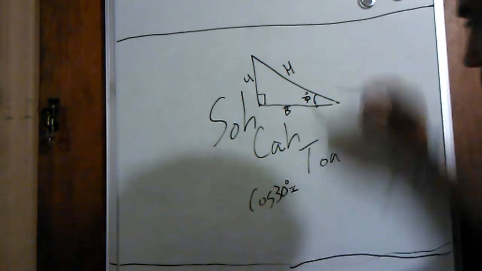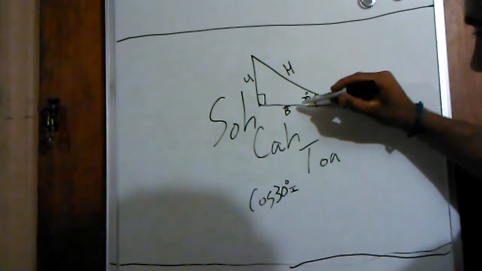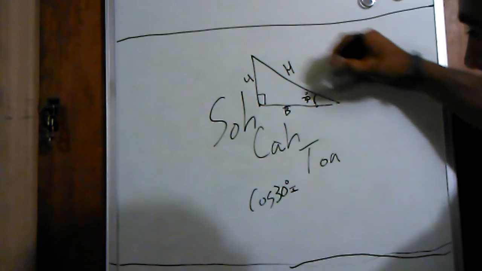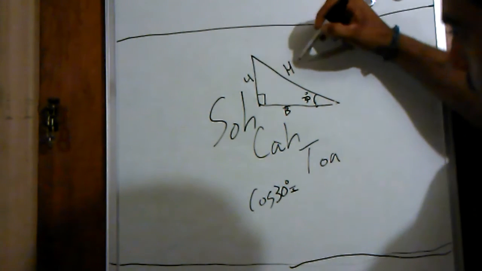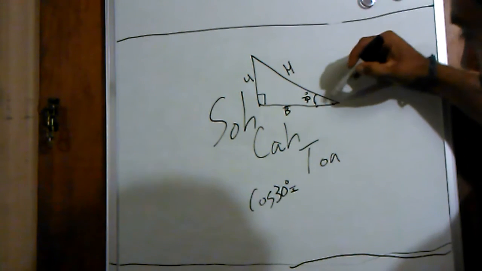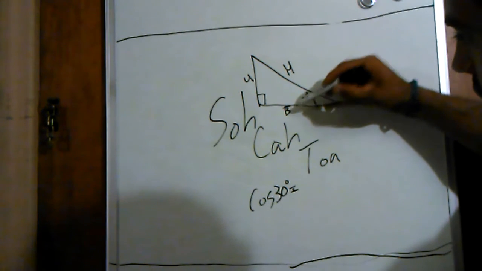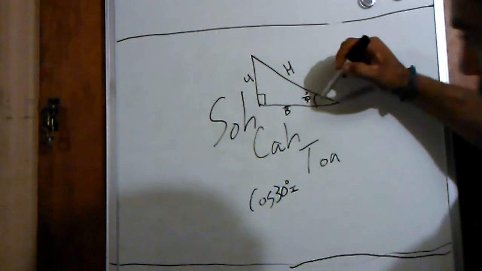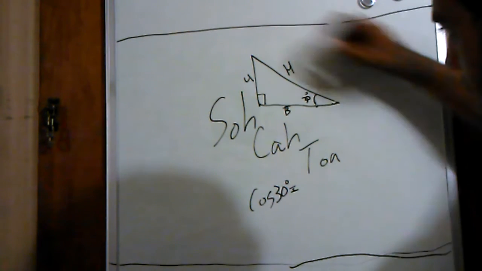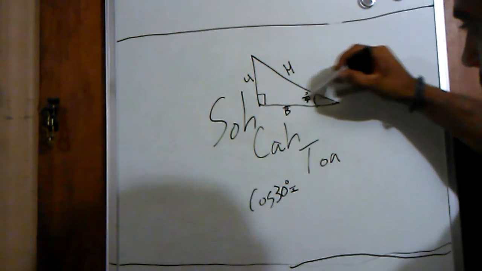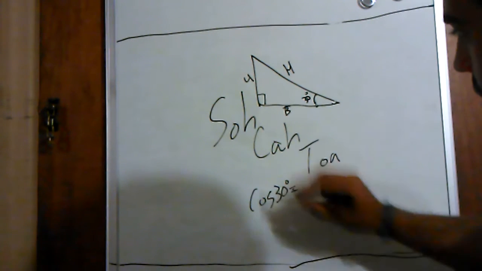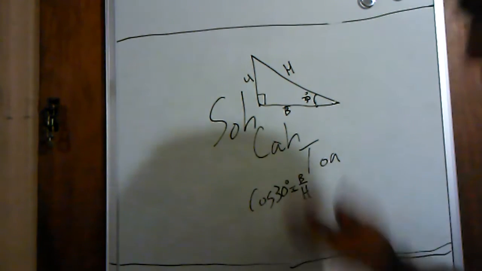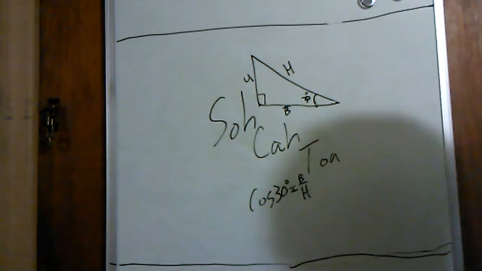The cosine would be adjacent over hypotenuse. Opposite of the angle is the one directly opposite it. The hypotenuse is always the longest side. The adjacent one is the one that's not opposite and not the hypotenuse. So the adjacent one to the angle 30 is this B. Adjacent over hypotenuse would be B over H. The cosine of 30 equals B over H.